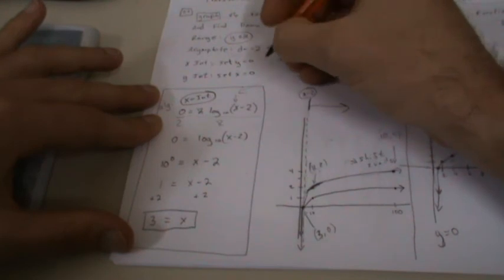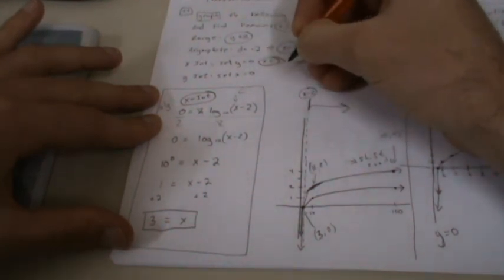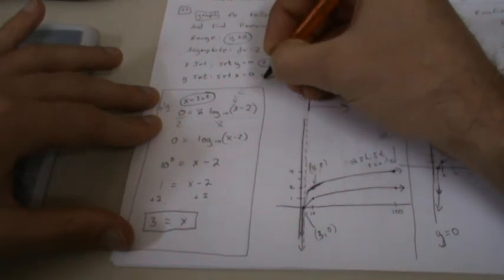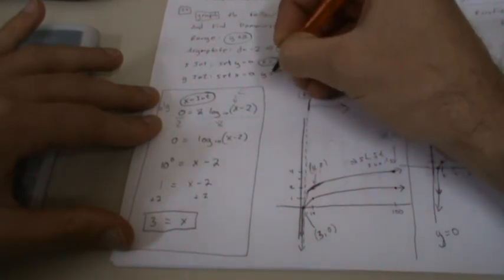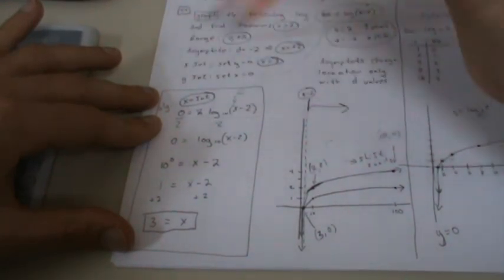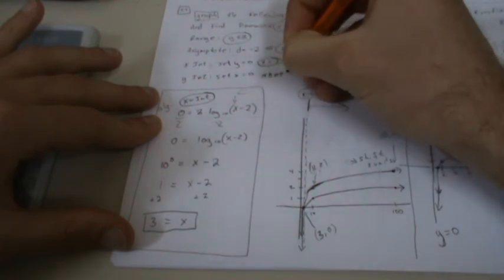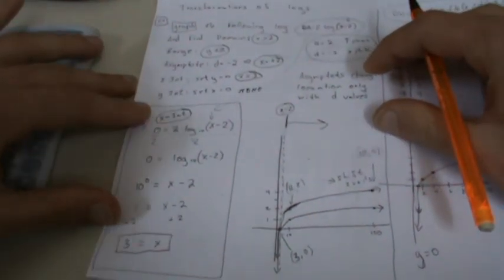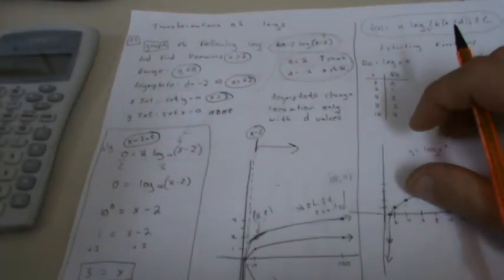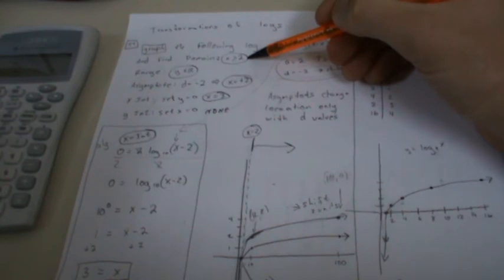Alright, so we found the x-intercept to be x equals 3. We found the y-intercept to be none. I'll just write none. Okay, and so in the end, it's really a lot of the same stuff we've already been doing. We have to make sure and look at the domain.